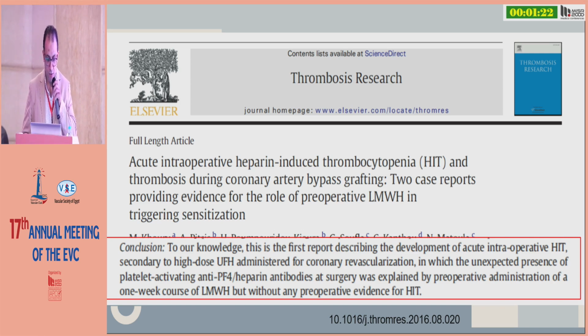The development of acute intraoperative HIT was secondary to a high dose of unfractionated heparin administration for coronary revascularization, in which the unexpected presence of platelet-activating anti-platelet factor 4 and heparin antibodies at surgery was explained by preoperative administration of a 1 week course of low molecular weight heparin without any preoperative evidence of heparin-induced thrombosis.